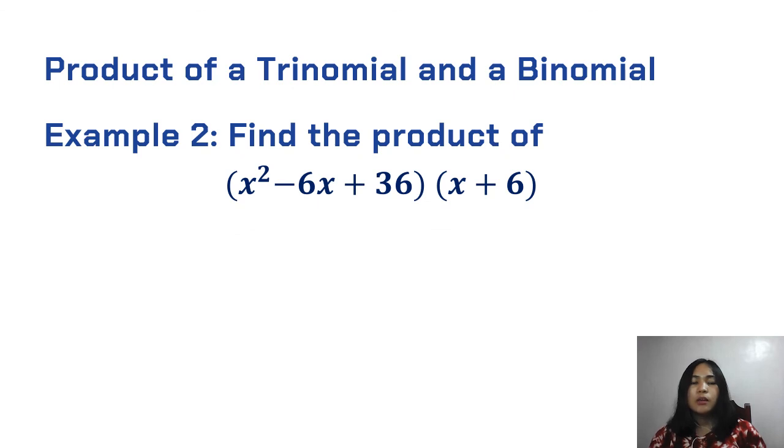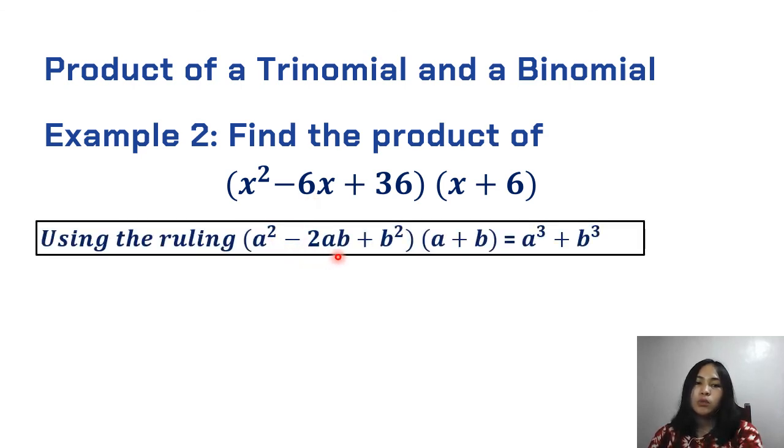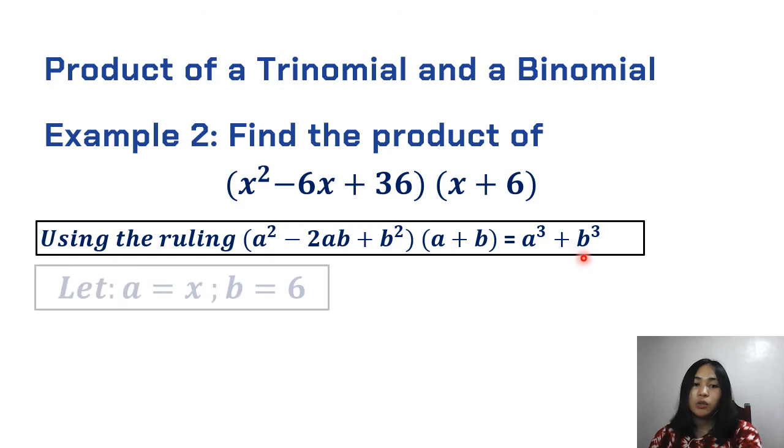So, find the product of x squared minus 6x plus 36 multiplied by x plus 6. So, what have you observed? So, yung trinomial natin, yung middle term is negative, right? So, using the rule, a squared minus 2ab plus b squared multiplied by a plus b. So, yung product natin is in the form of addition.